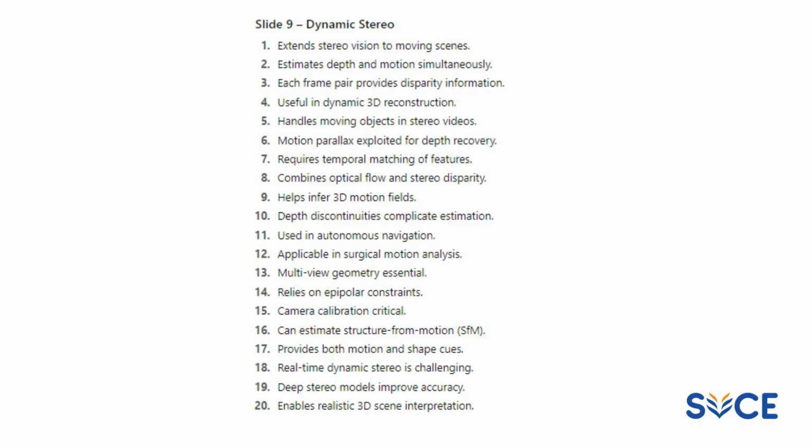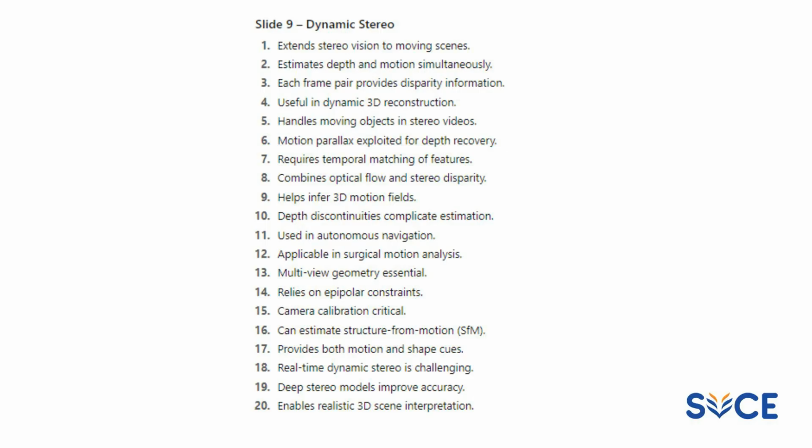And the key insight, I can say, is that dynamic stereo enables machines not only to perceive depth but also to understand the motion of objects in 3D, which is crucial for advanced vision tasks like autonomous navigation and human activity analysis.